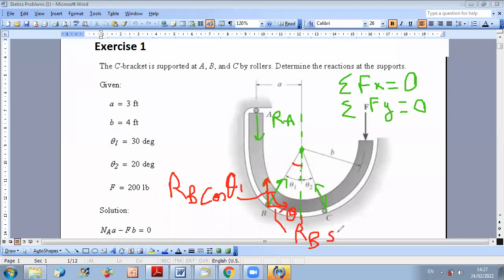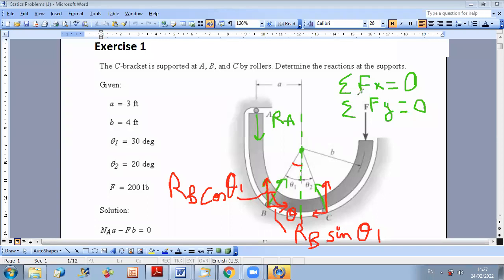You will do the same for the reaction at C. Just for C, the difference is that you have a negative X projection and positive Y. So you have positive Y, which is RC cosine theta 2, and negative X, which is minus RC sine theta 2.